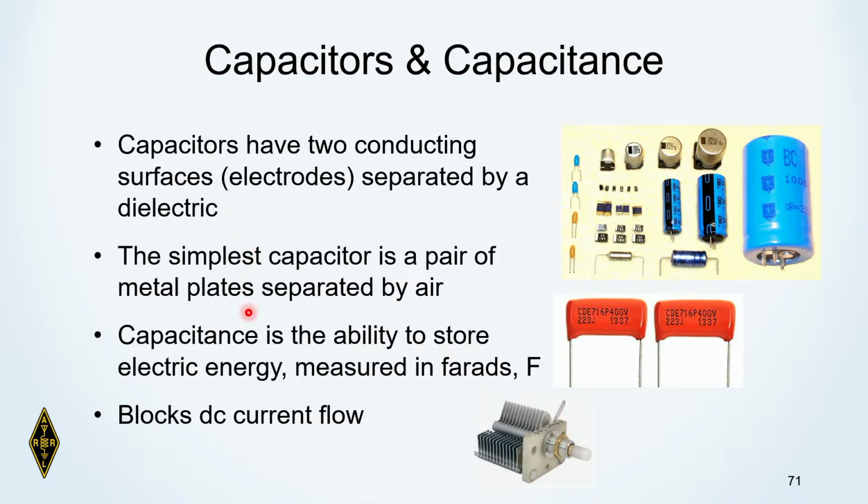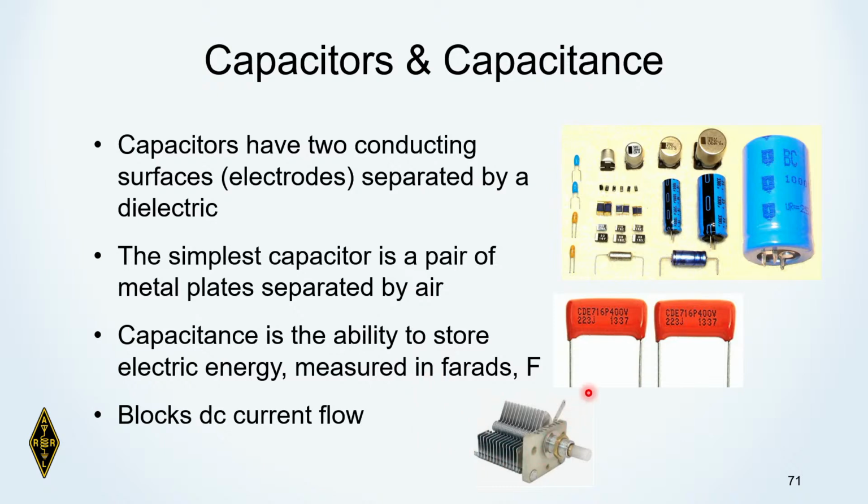The simplest capacitor is a pair of metal plates separated by air, and you can kind of see that here with this variable capacitor. This row of plates and this row of plates don't touch each other, but as you turn the shaft, they mesh together and increase the capacitance. Capacitance is measured in farads.